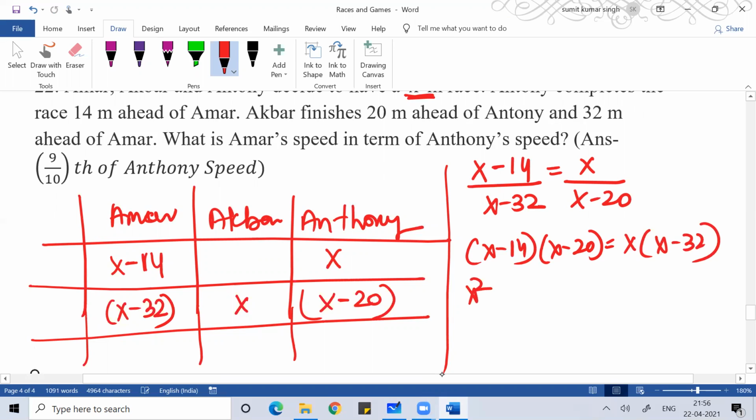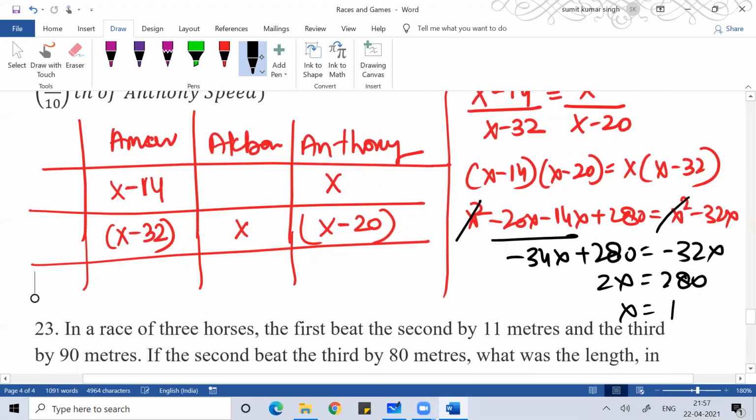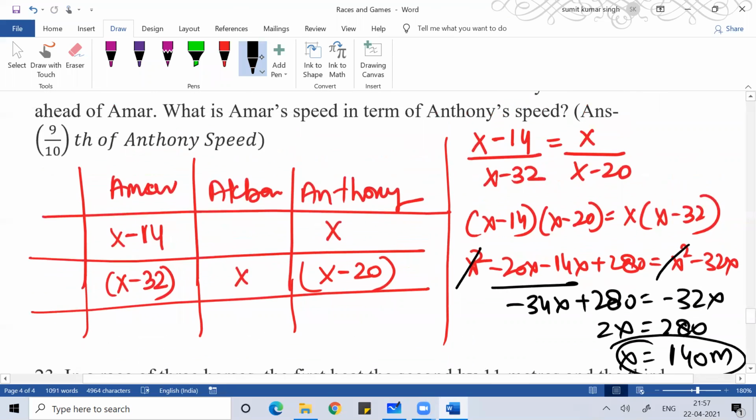Solve: x square minus 20x minus 14x plus 280 equals x square minus 32x. So minus 34x plus 280 equals minus 32x. X is equal to 140 meter.